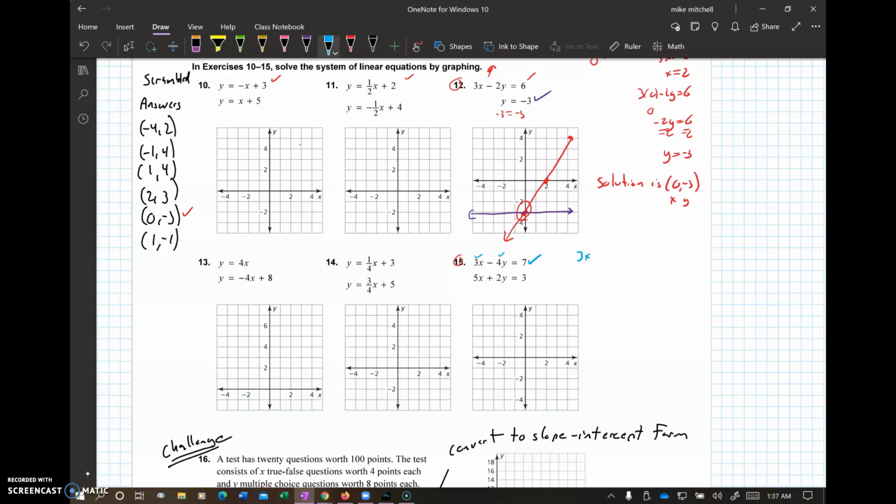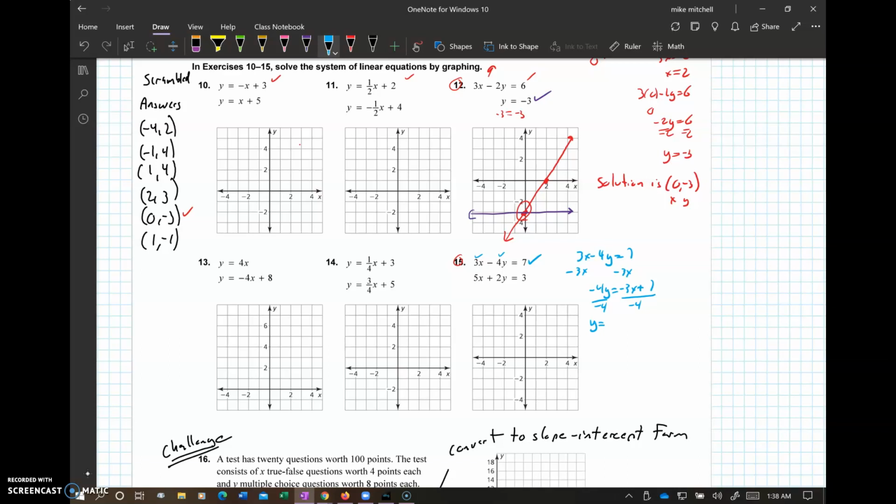So we're going to have 3x minus 4y equals 7. Minus 3x, minus 3x. Negative 4y equals negative 3x plus 7. I divide by negative 4. That means everything divides by negative 4.